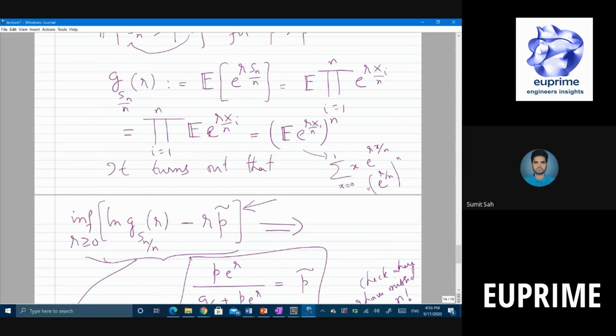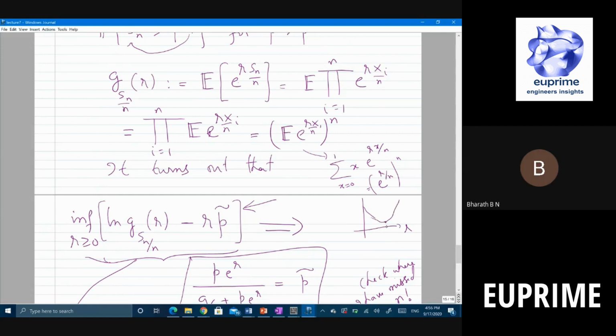Sir, how can you calculate this infimum? Just by using calculus. Suppose it is a function of r, then we just try to minimize this. When you write this explicitly, you will see the form of the graph. You can write this as a function of r, so it will be something like this.